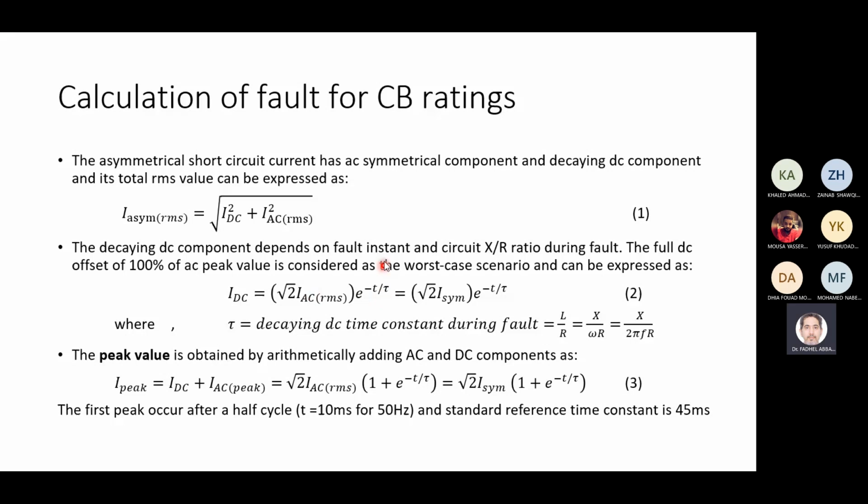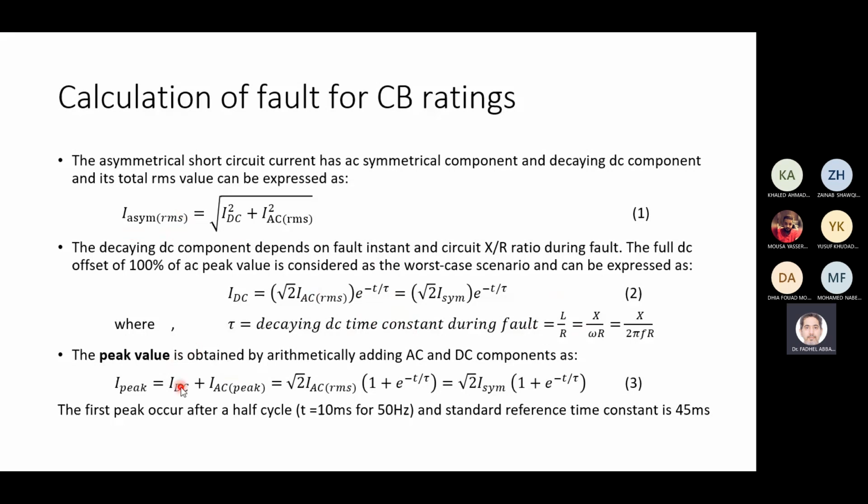And it will decay with respect to time at a time constant of tau. As per standard, I told you tau is 45 milliseconds for most breakers, but not for generator breakers. The time constant is defined as L over R, or X over omega R. This is an RMS value now.